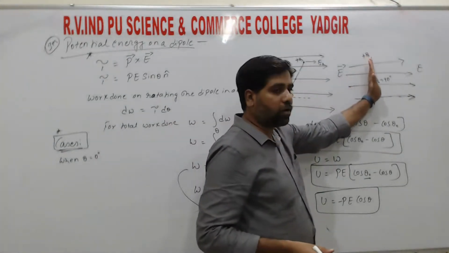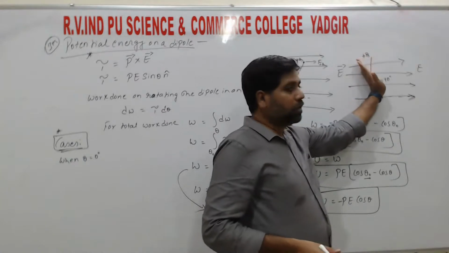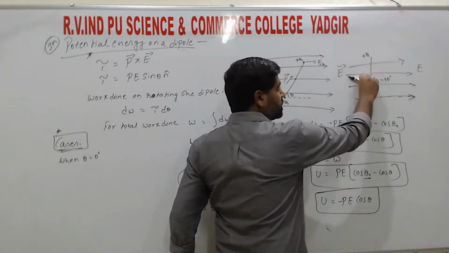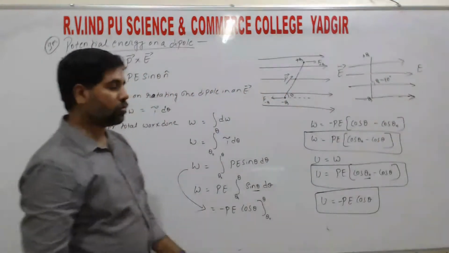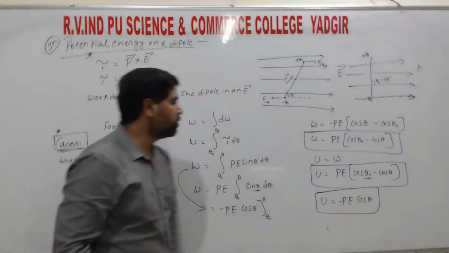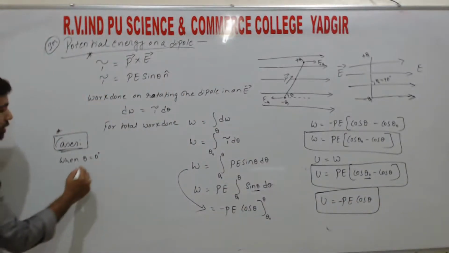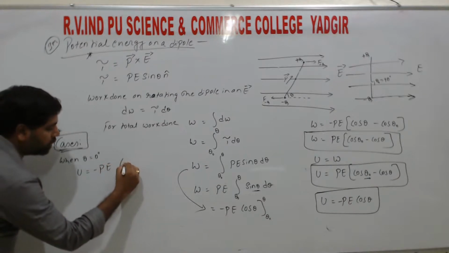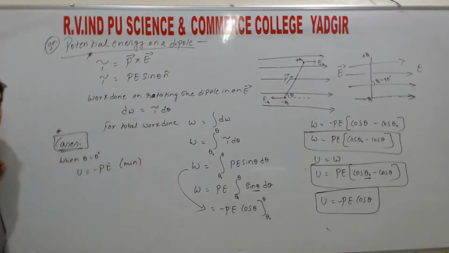Now we rotate this dipole either clockwise or anti-clockwise. Initially theta is 0 degrees, so cos 0 is 1. Then the potential energy is minus PE, which is minimum because we are getting a minus value, right?